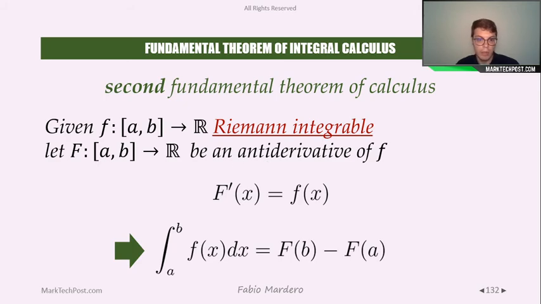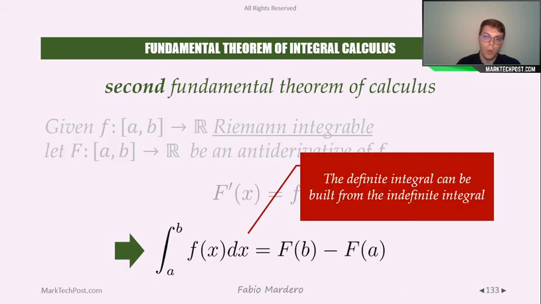Then we can write the definite integral as the difference between the antiderivative computed on b minus the antiderivative computed on a. So here we say that the definite integral can be built from the indefinite integral.